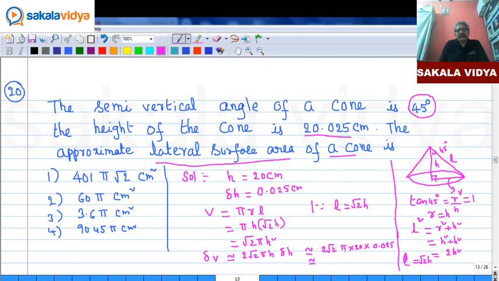That means root 2 pi into 2 into 2 is 4, 4 into 25 is 100, already one more 0 is there. How many points do we have? 3 points, 1 2 3, 0.1. So, that means we have, this will be 0.25 into 2 into 4.